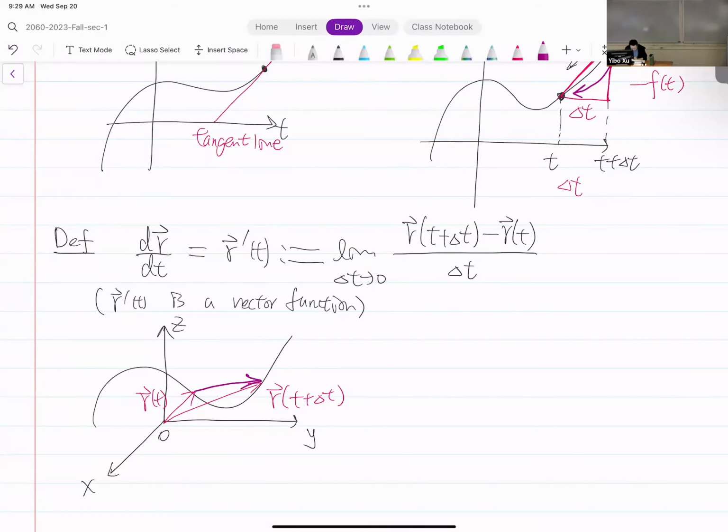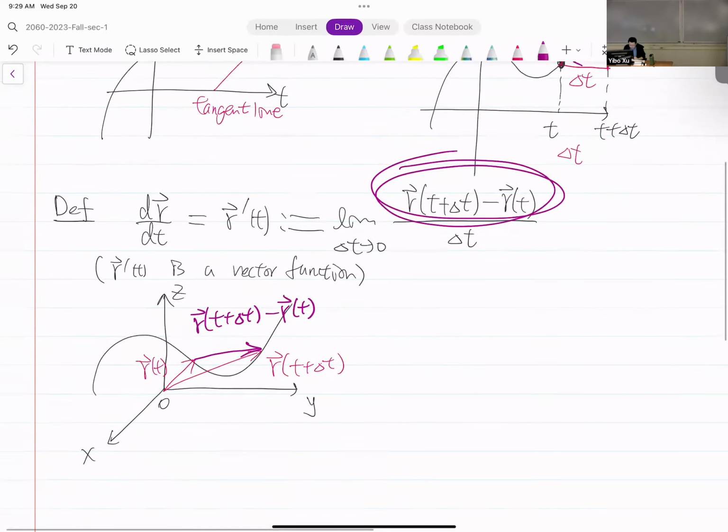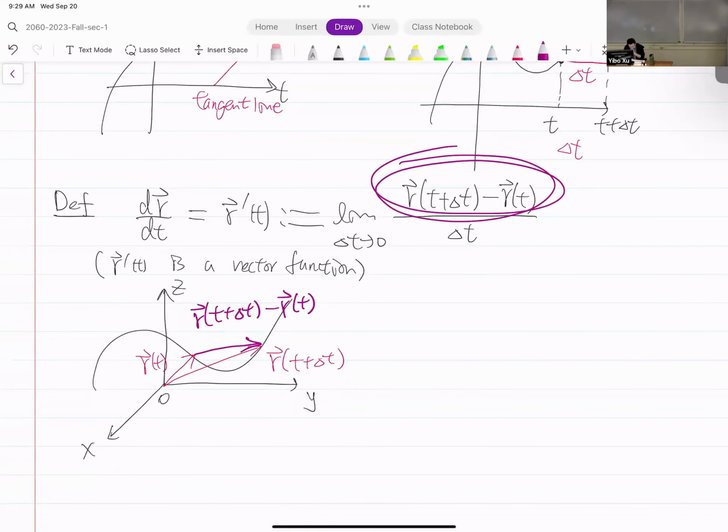So this is r of t plus delta t minus r of t. So this is the vector right here, constructed from the line segment.